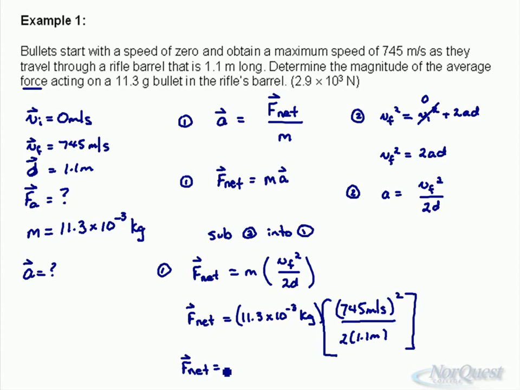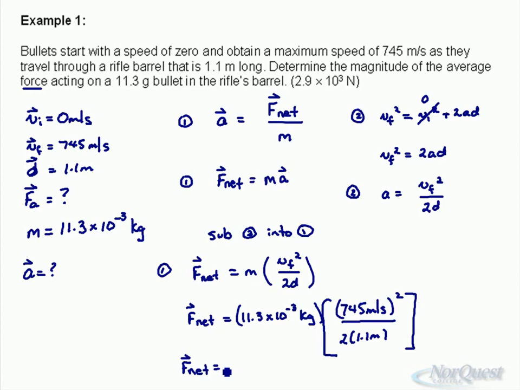Then I would hit my divide and then use a bracket symbol and go 2 times 1.1, close the bracket, so that your calculator knows it does the operation on the top and divides by the multiplication on the bottom. If you forget the brackets, you will get the wrong answer.